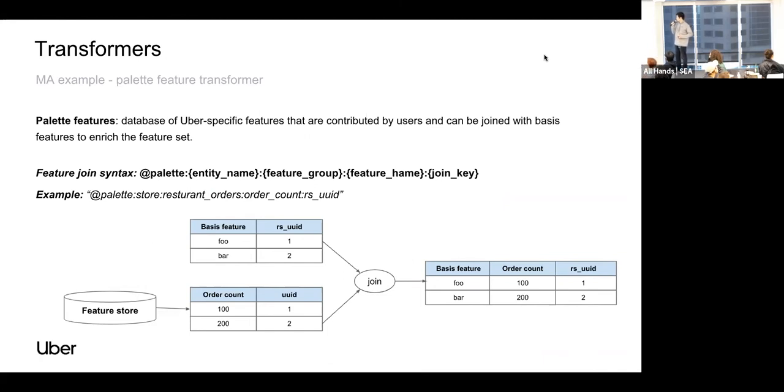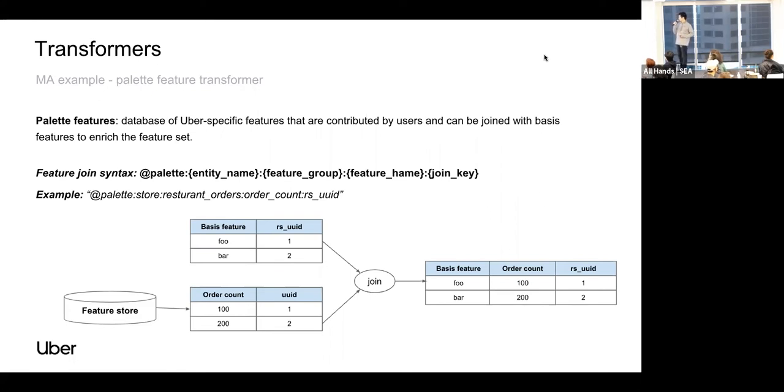Okay, so let me explain just two examples of the specific transformers we developed and we think are creative to the industry. The first one is called the palette feature transformer. So what is a palette feature? A palette feature is just a common feature from a database contributed by all our customers. And this is the way we think that we can allow people to collaborate and share data. If you look at the palette feature schema, the syntax, you will see it consists of four parts.